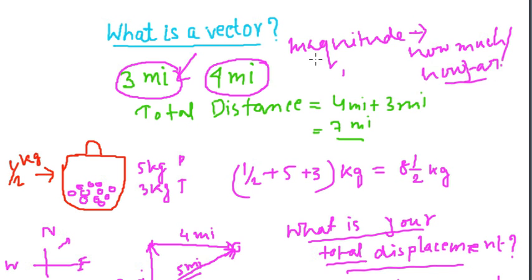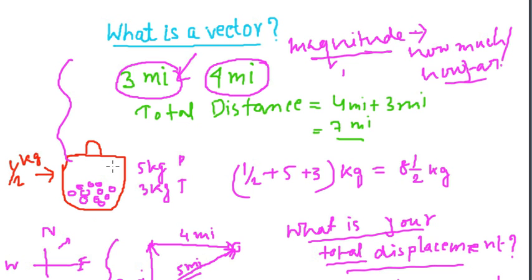These things are called magnitude. I was not interested in direction, which means towards north, towards east, from the initial position to the final position. These quantities are called scalar quantities, where I am not interested in their direction, and these quantities are called vector quantities, where I am interested in their direction.